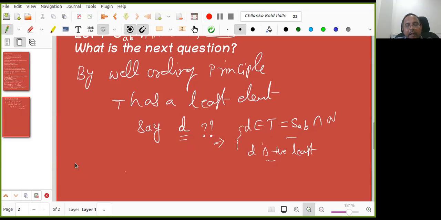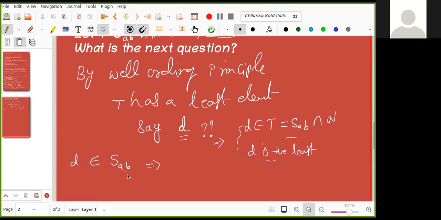Now, what do you mean by D belongs to S_AB? It means it can be written in terms of S_AB that we have used earlier. So there exist X and Y such that D is equal to AX plus BY.